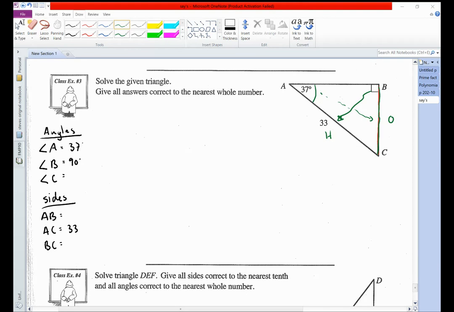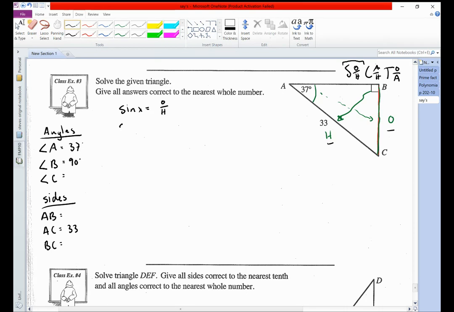So I have my hypotenuse and I'm looking for opposite. So if I look at my SOHCAHTOA ratios, I have hypotenuse and opposite, which give me a sine ratio. So I can say sine of x is equal to opposite over hypotenuse.